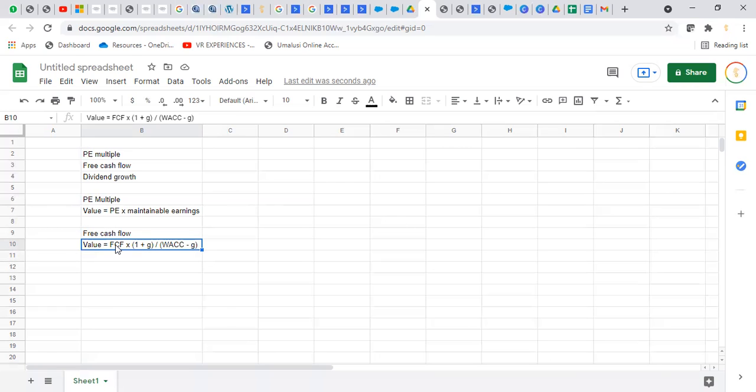On a CTA level, it's a little bit more complex, but for MAC3702, it is quite straightforward. All you're going to have to do is start off with a profit number and then remove any non-cash flow items like depreciation, and there may be other adjustments that you need to make as well to get to a cash flow number.